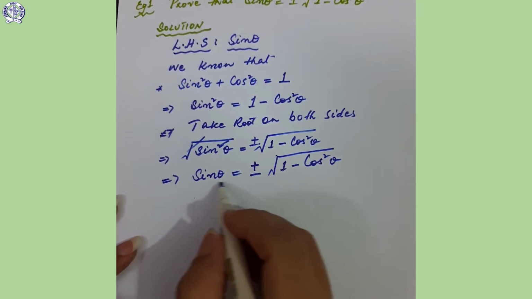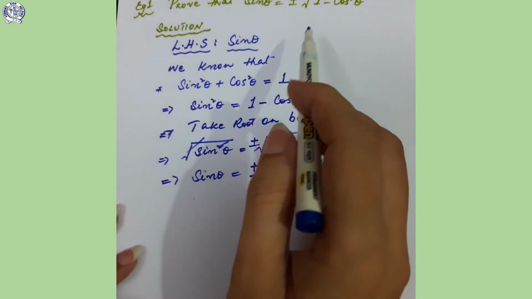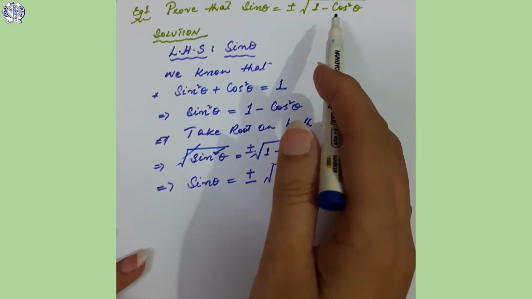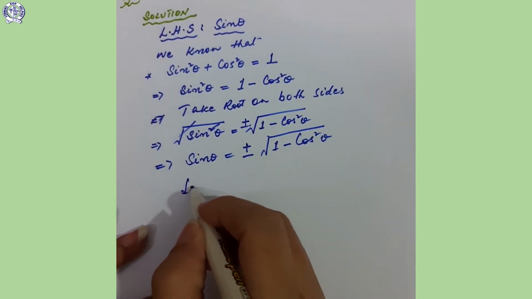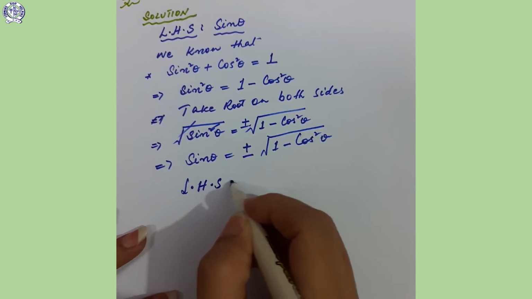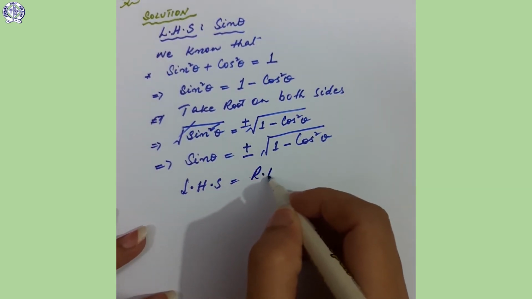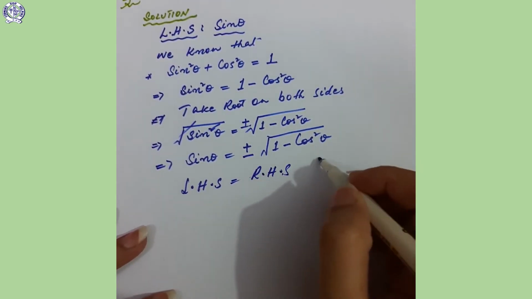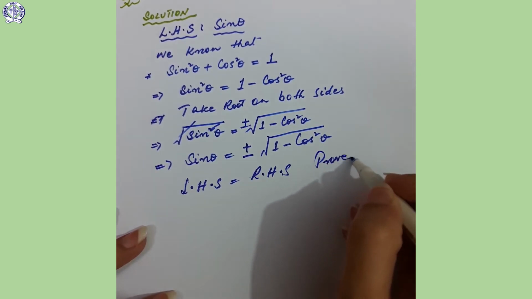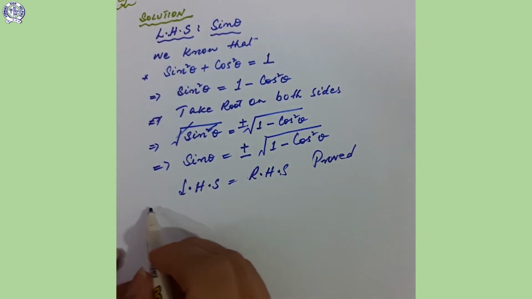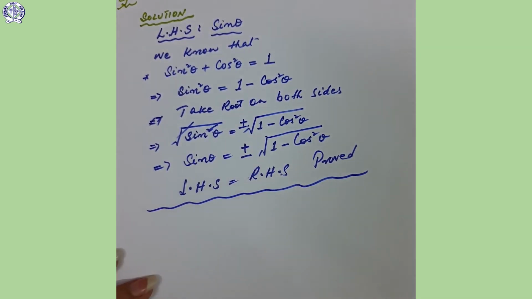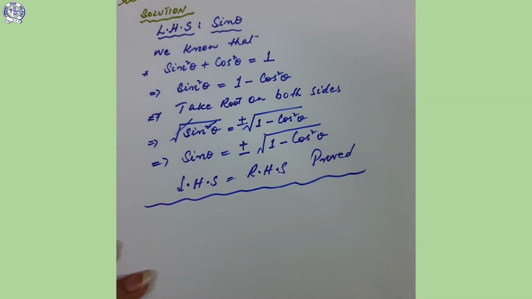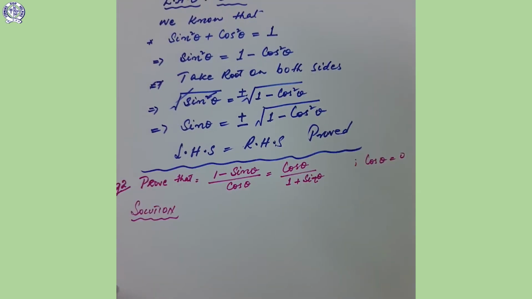So you can see that this side is the same as that side in the question. So left hand side equals right hand side. Proved. Only this you have to do. You have to learn the formulas and prove the question using the formulas.